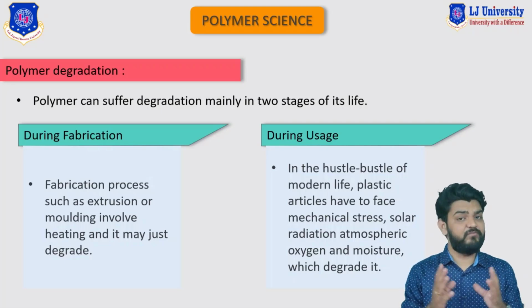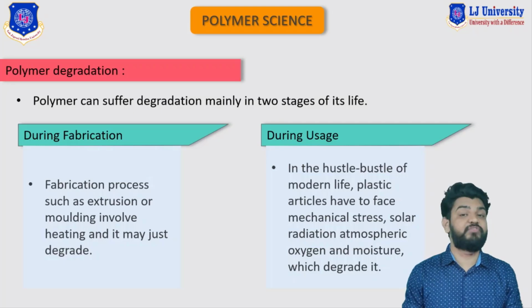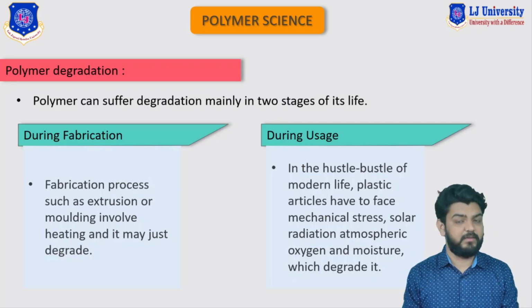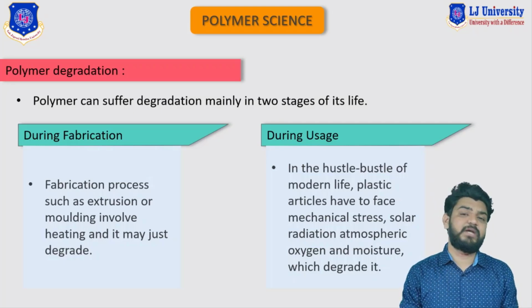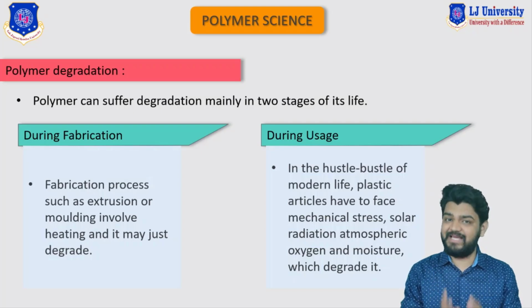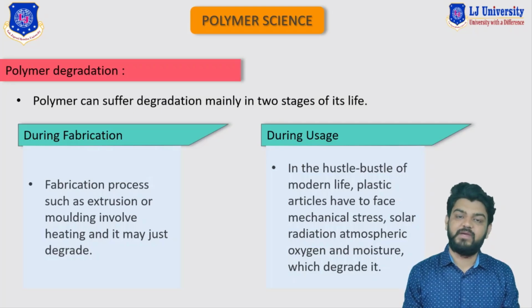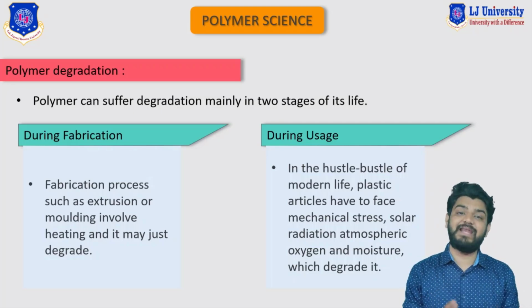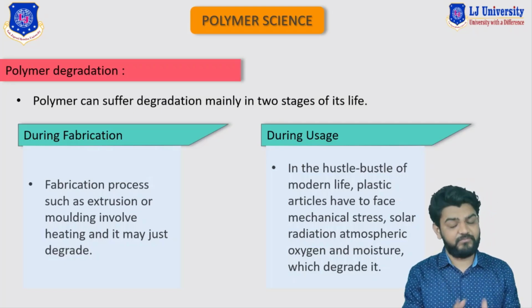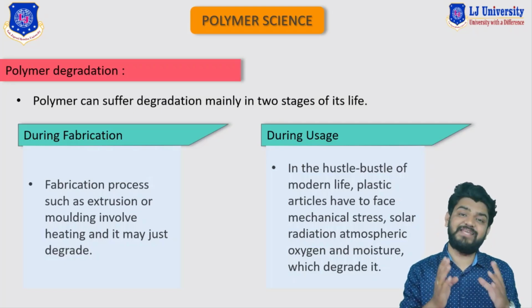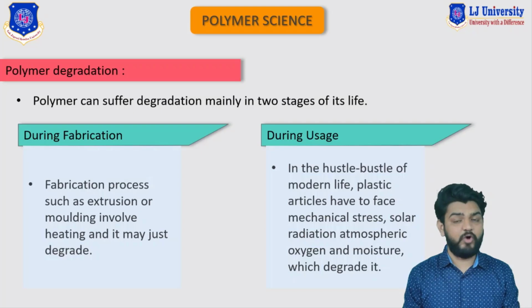Now we will focus on the different types of polymer degradation. But again, this definition of polymer degradation is very important from the exam point of view. It can be asked as a 3 mark question: explain polymer degradation and what are the various stages of the life of a polymer at which degradation can take place.